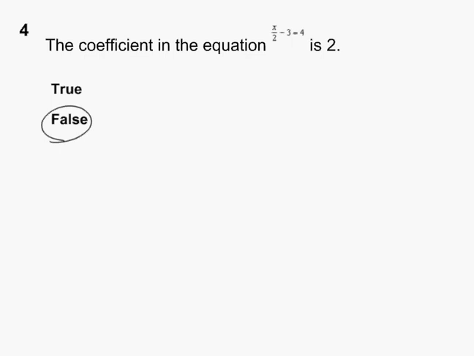Although a 2 is attached to the x, the coefficient is really half. This is actually half of x, and half of x means half times x. If I was to draw it, there's x, and I would have half of x. So the coefficient's really a half, not 2.